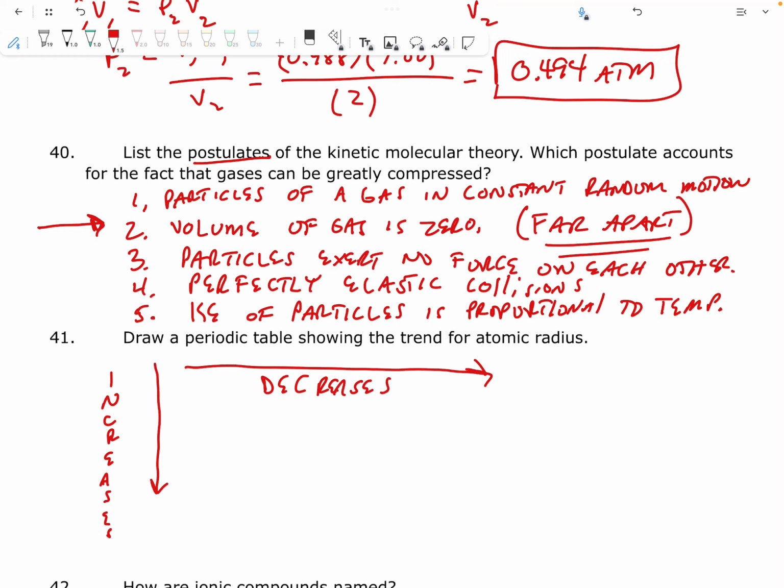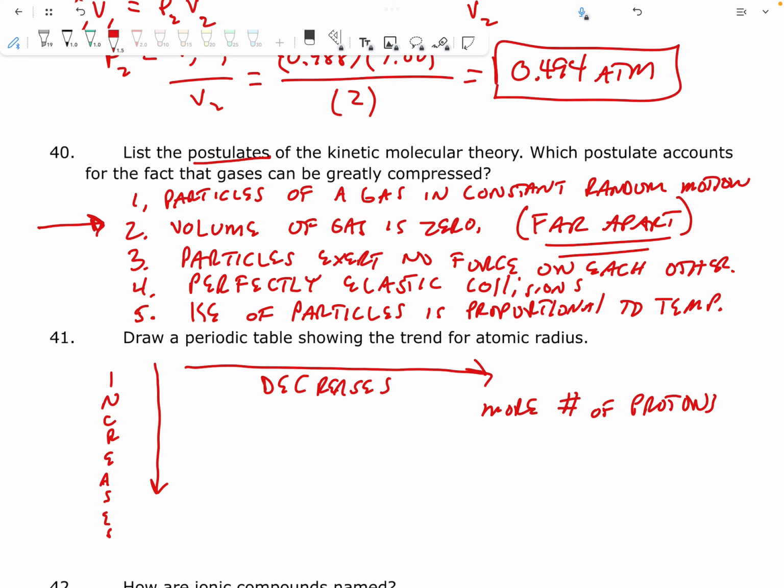And the reason for that is the atomic number increases, and the atomic number is the number of protons in the nucleus of an atom. So the greater the number of protons, the more pulling power in that nucleus.